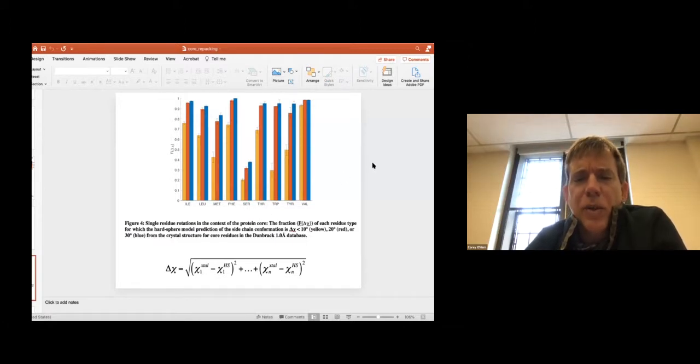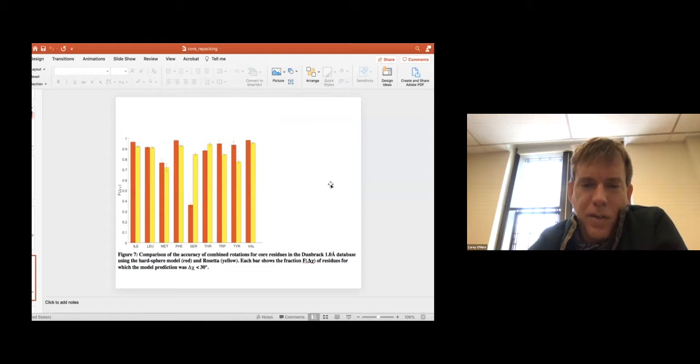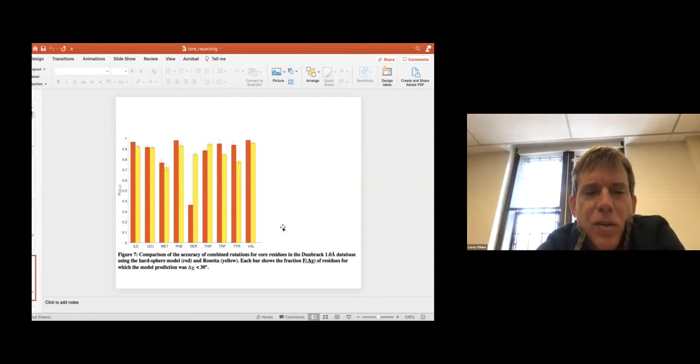So then what we can do is compare our results to other sidechain recovery software. And so that is here. It's a similar plot, the fraction of residues that you can predict to within a certain value of delta chi. So here, we just show it for 30 degrees.